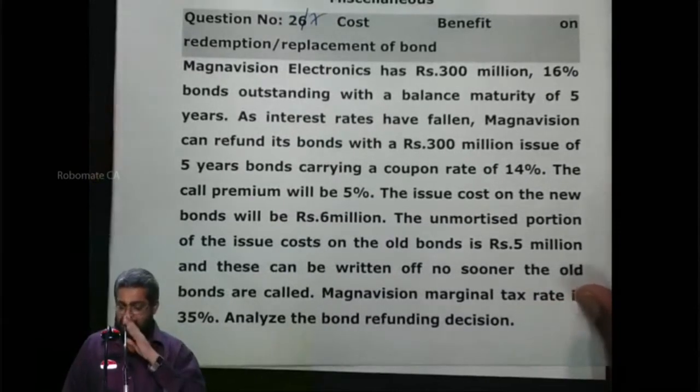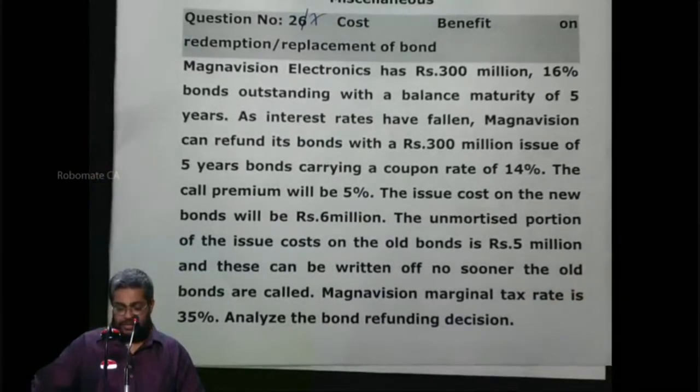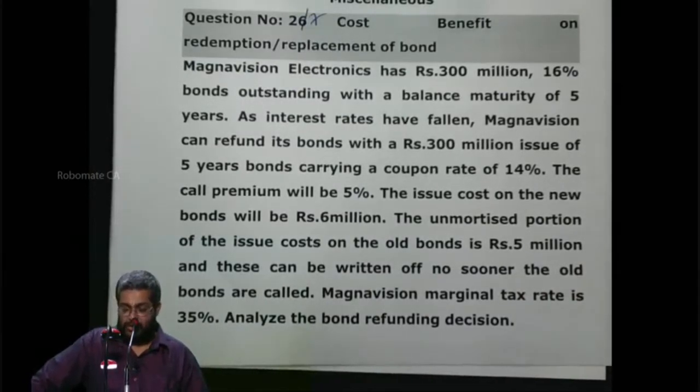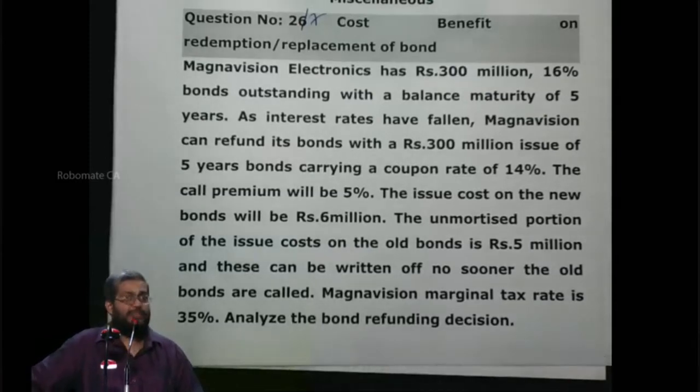Magnavision Electronics has 300 million 16% bonds outstanding with a balance maturity of 5 years.